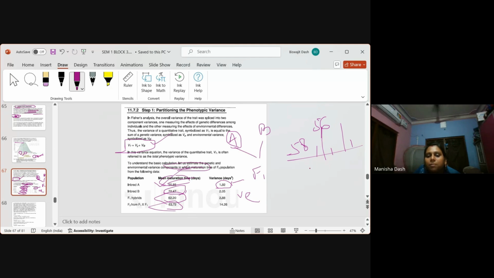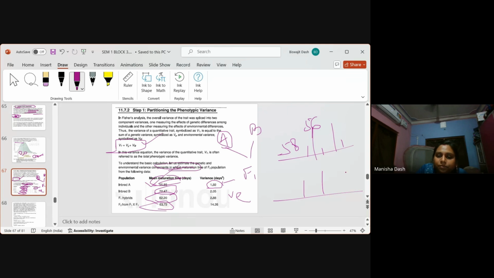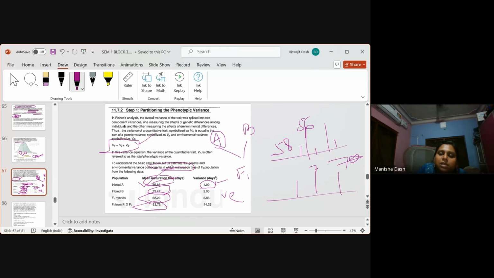Maybe it has not got proper nutrition, water, or sunlight. Similarly in inbred line B, the plants take around 70 days to mature, but some might mature as early as 68 days, or some may take 74 days. Whatever variation in maturation time you observe is only because of the environmental component, because genetically they are identical to each other. Similarly for the F1 also, it is only because of the environment.